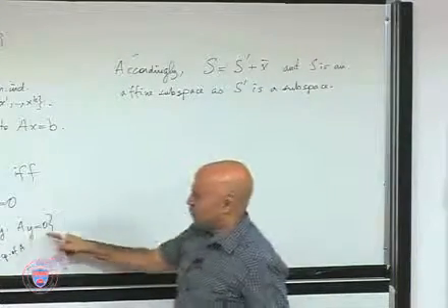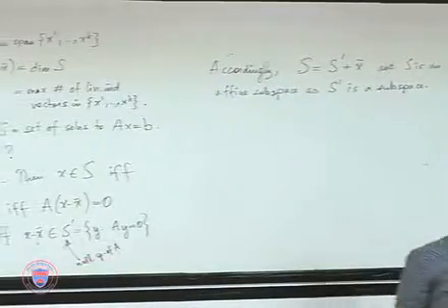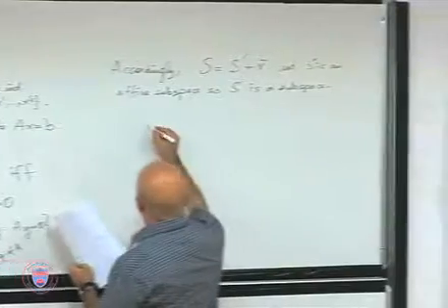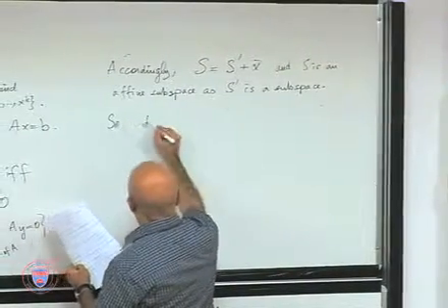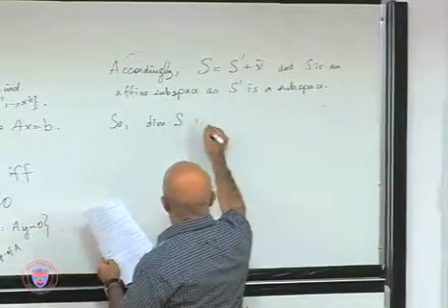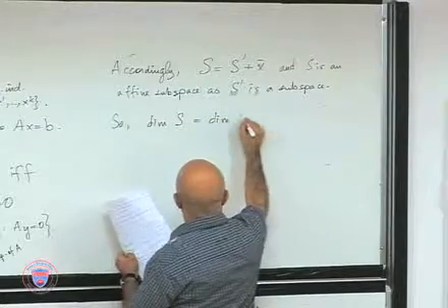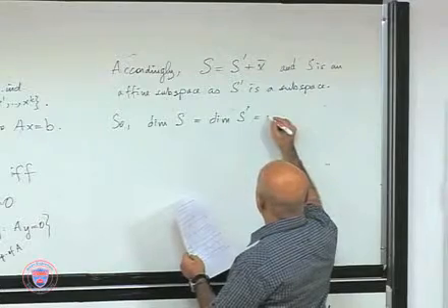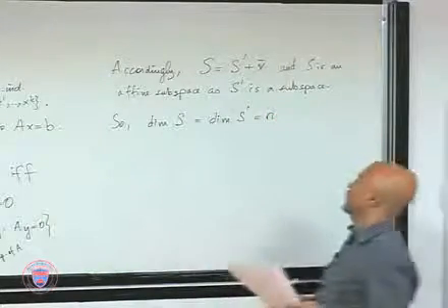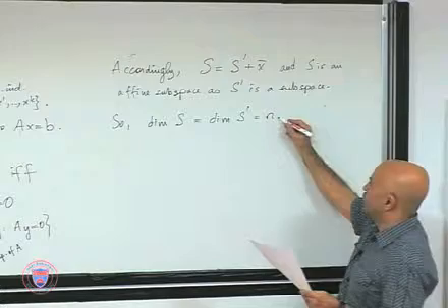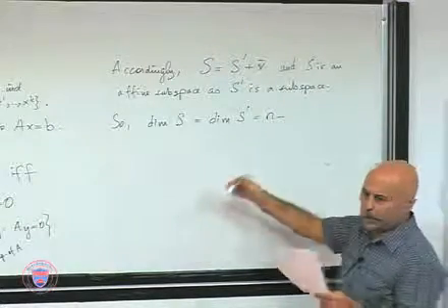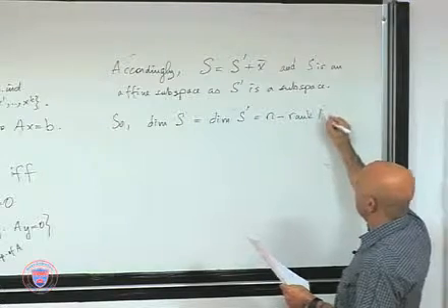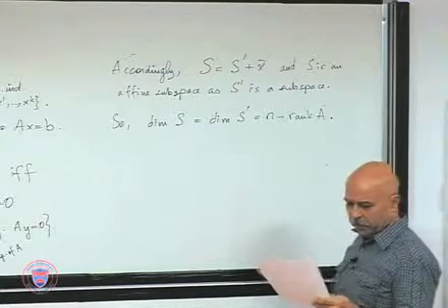The solution set to a homogeneous system is always a subspace. So the dimension of S is the same as the dimension of S prime, which is, of course, equal to the dimension of the space, we assume everything is in n-space, minus the rank of the matrix A. So this is how you can find it.